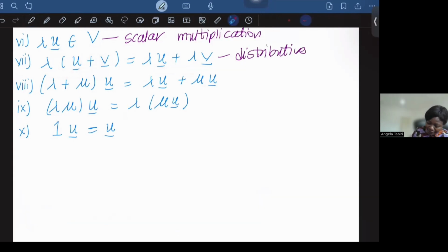And similarly, if you have two scalars which you add before multiplying by a vector, you want it to be the same as scaling before adding. So it's also the distributive property. Then if you have two scalars, you can choose to multiply the scalars first before multiplying by a vector. It should be the same as multiplying one scalar by the vector, and the second by it. And we call this the homogeneity.